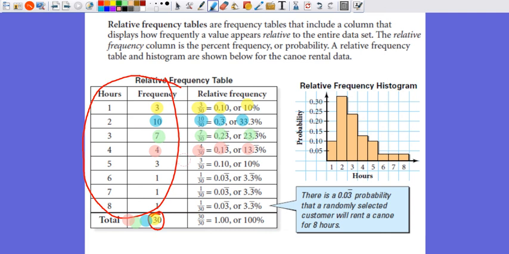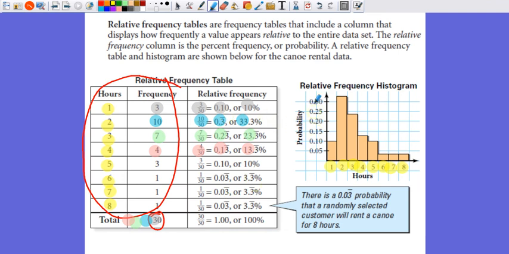And now watch this. Let me change this color to gray. The hours are the same thing as before. And now instead of frequency here, it's your probability. Now you can choose decimals or percents.